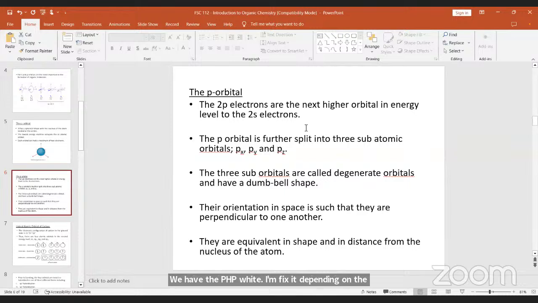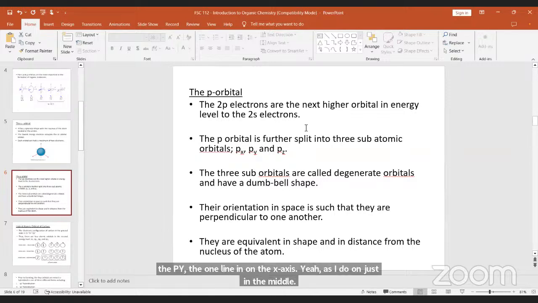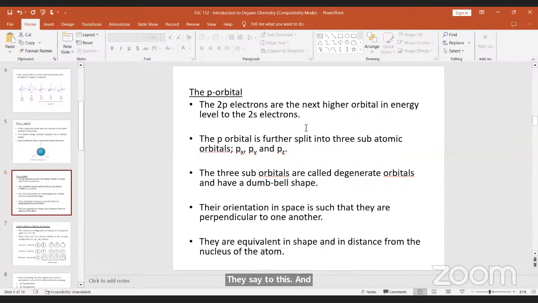Just think of your 3-dimensional orientation of the Cartesian curve. The one lying on the y-axis is the py, the one lying on the x-axis is the px, and the one just in the middle, dissecting the x and y, is the z-axis.